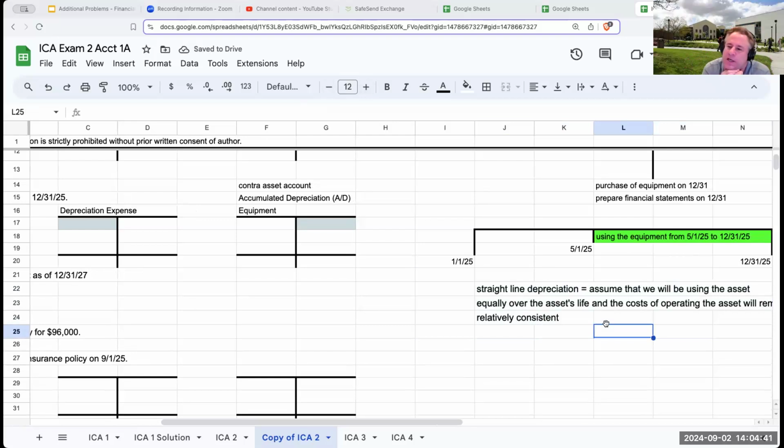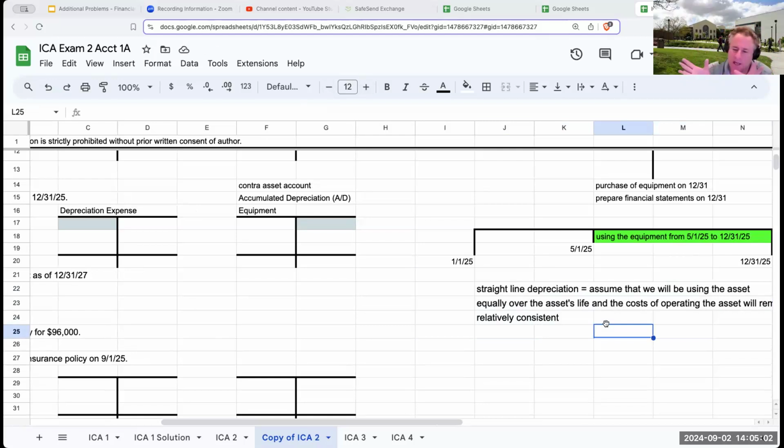Now, for depreciation, I'm just making this extremely basic. The reason is that when we look at equipment more in depth, we're going to go into other depreciation methodologies, including double declining balance and units of production.